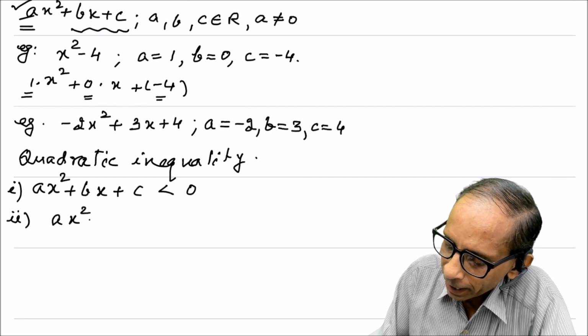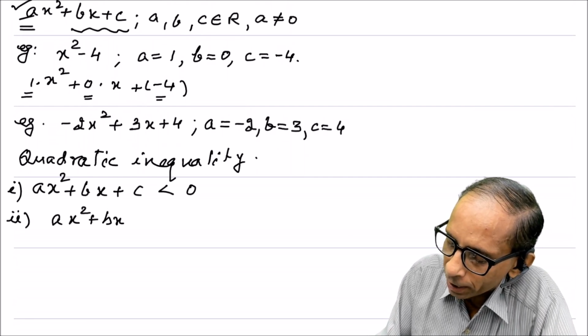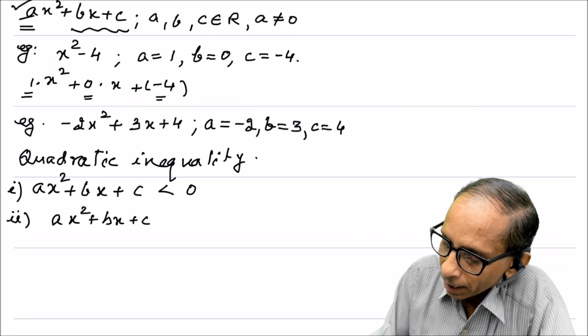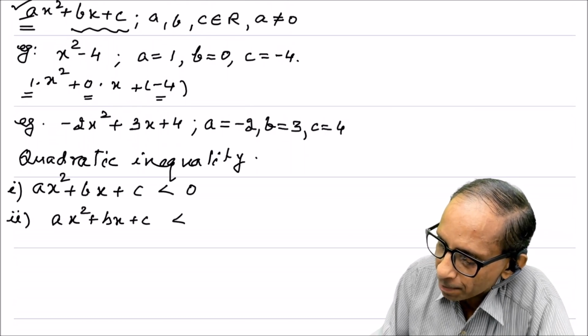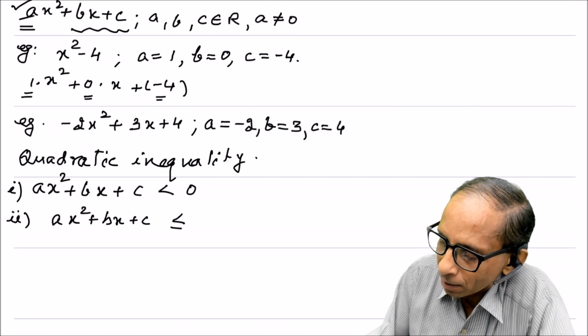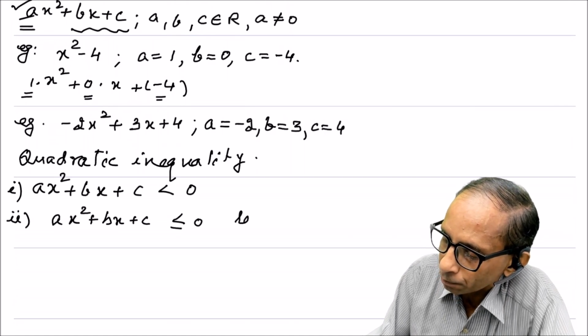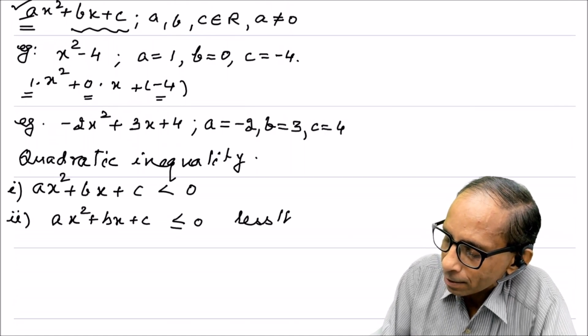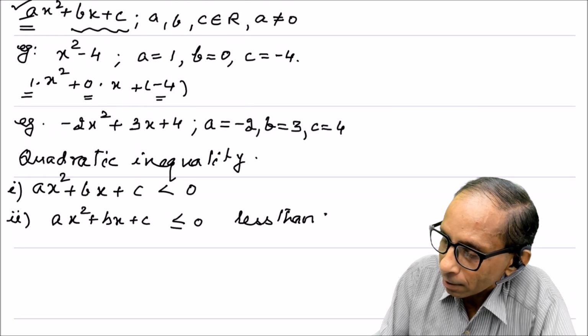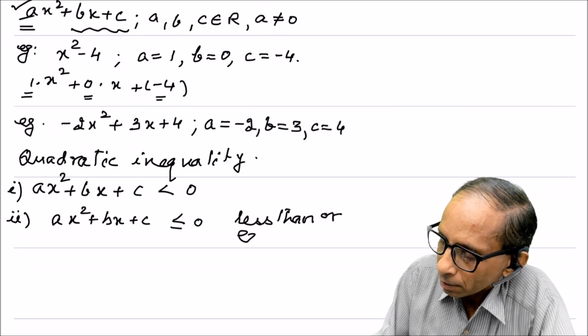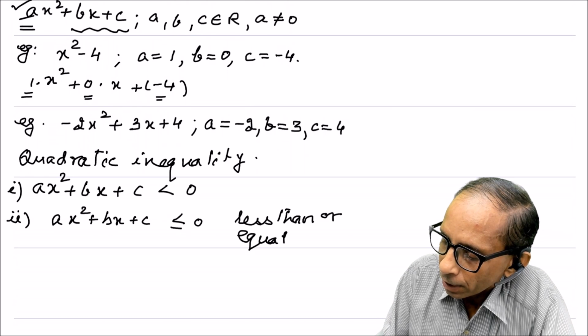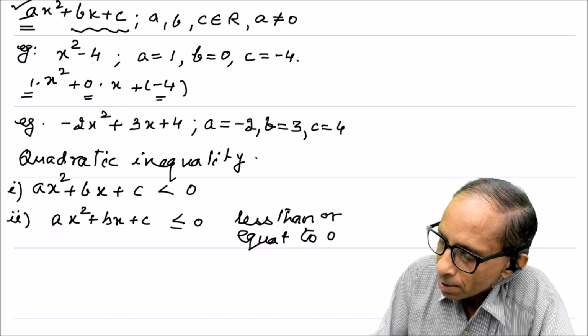The second type of quadratic inequality that we can have is ax square plus bx plus c less than or equal to 0. We read it as less than or equal to 0.